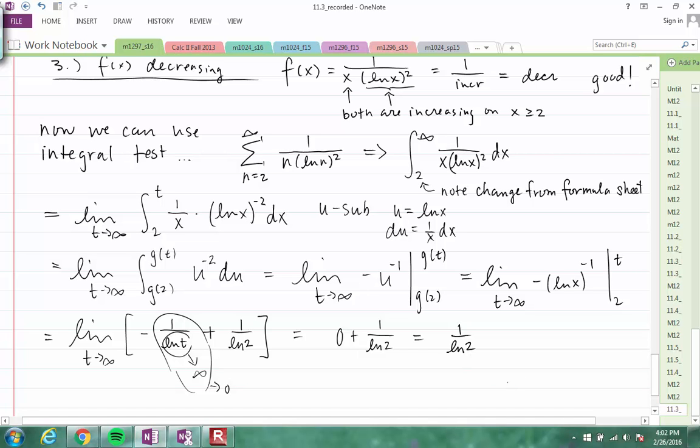What we were just doing here was an integral, but this is not the value of the series. I have to be a little bit careful here.